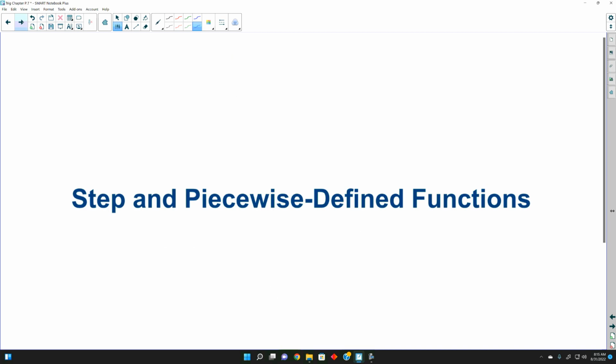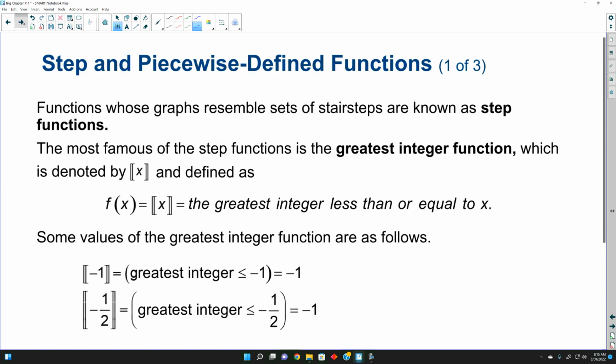Step and piecewise functions. Now, up to this point, with piecewise functions, you've dealt with linear, constant, squaring, cubic, square root, and reciprocal. Y'all have done all of these here, yes? The one that's going to be new is the step function.